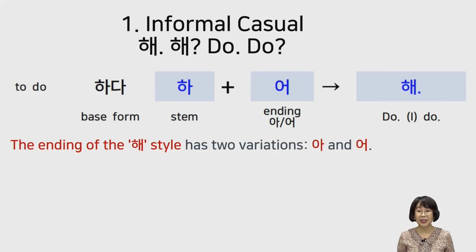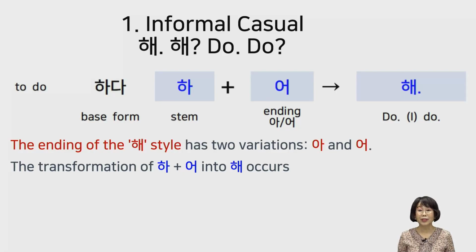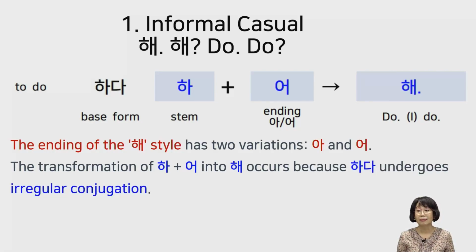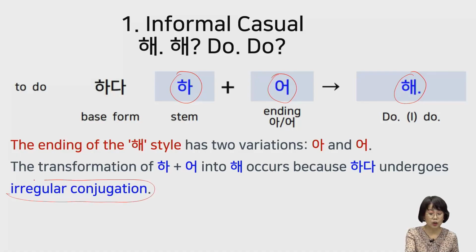The ending of the 해 style has 2 variations, 아 and 어. The transformation of 하 plus 어 into 해 occurs because 하다 undergoes irregular conjugation. We call that irregular conjugation.